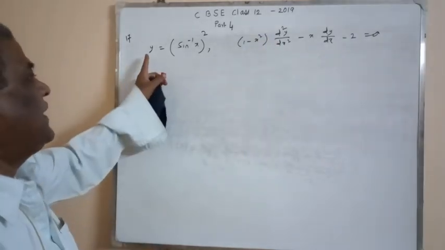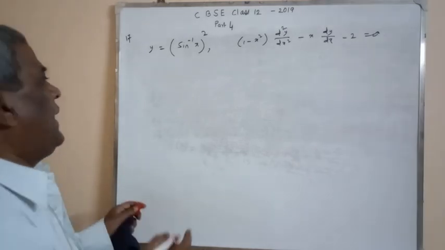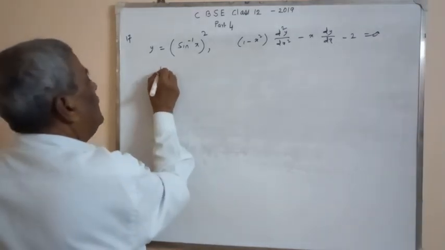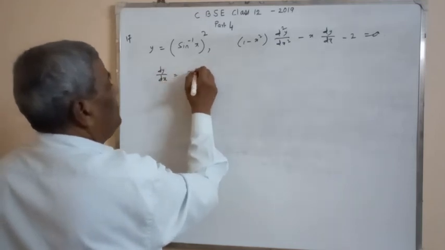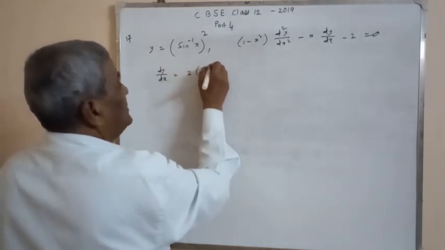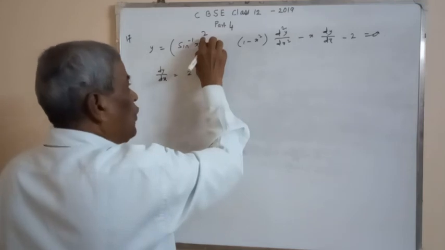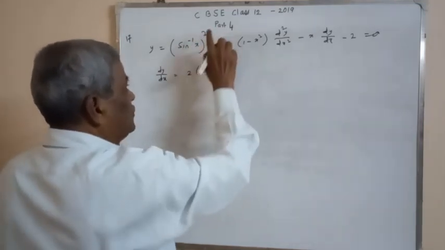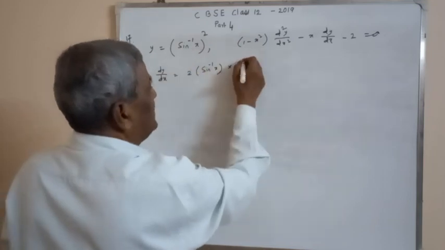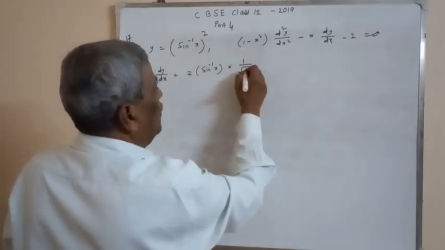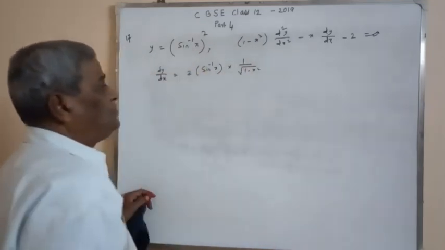Now differentiating the given with respect to x, we get dy/dx is equal to 2 (sine inverse x) to the power 1, that is 2 minus 1, that is 1, into the derivative of sine inverse x, 1 by root over 1 minus x square.